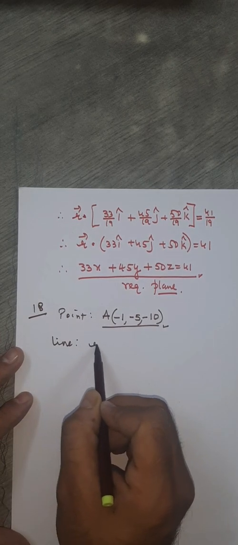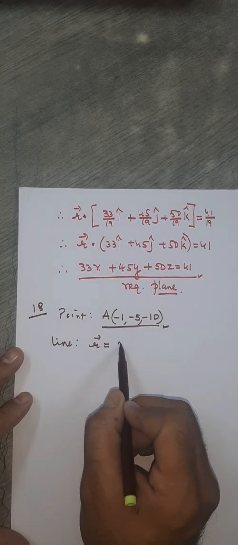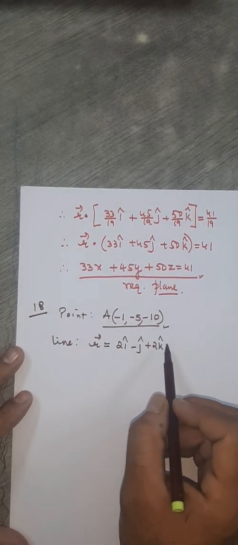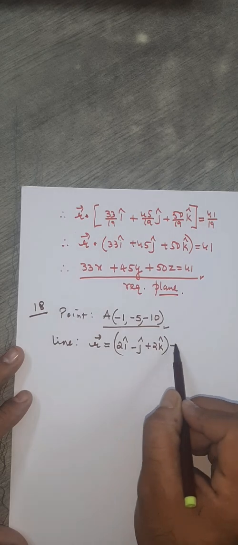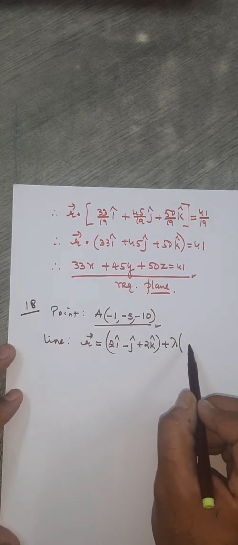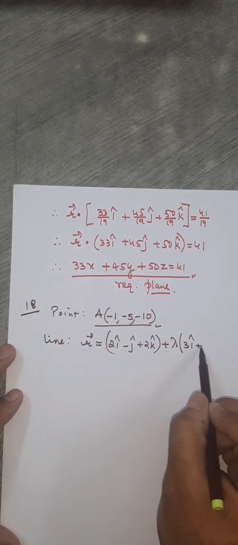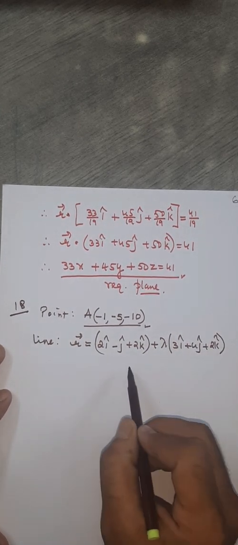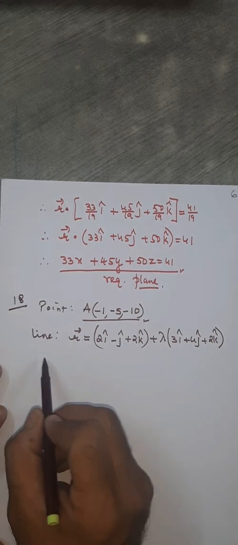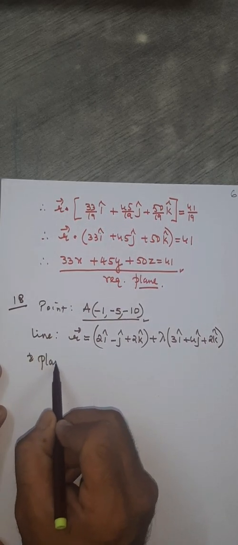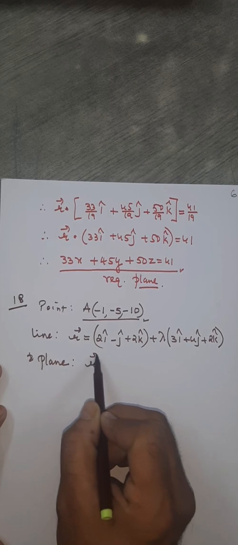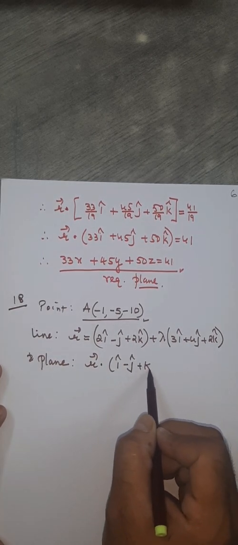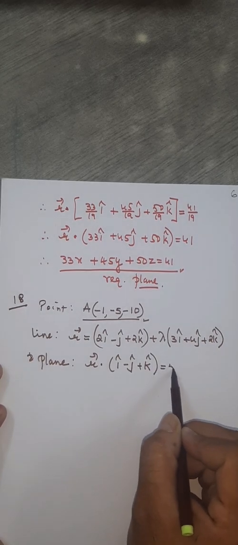Let me write the equation of the line here. r equals 2i minus j plus 2k plus lambda (3i plus 4j plus 2k). That's the vector form of the line, and the plane is given by r dot (i cap minus j cap plus k cap) equals 5.